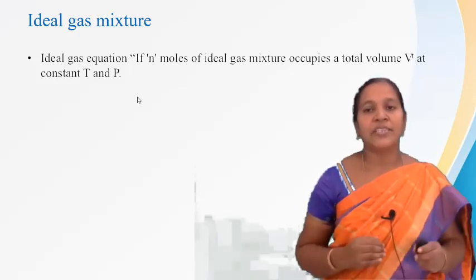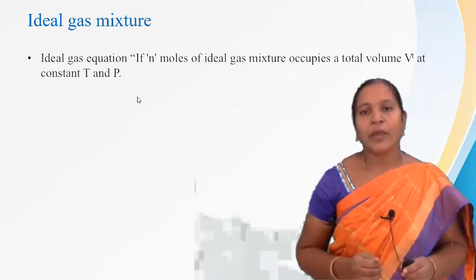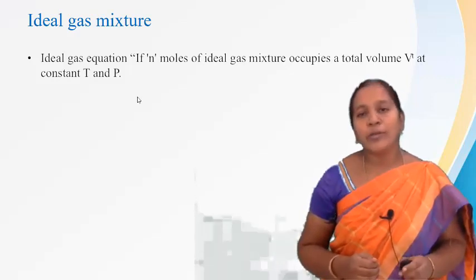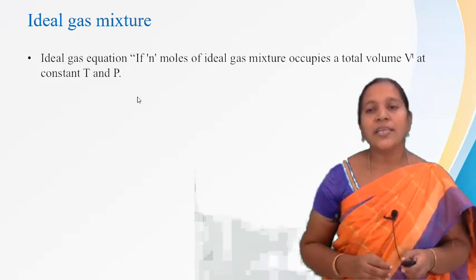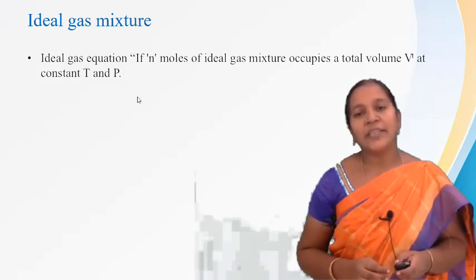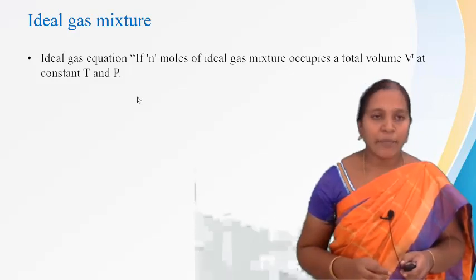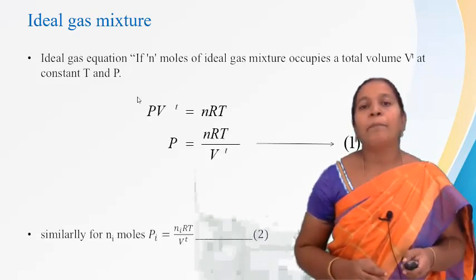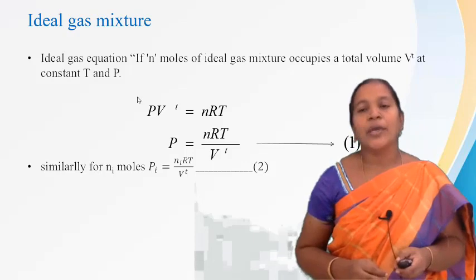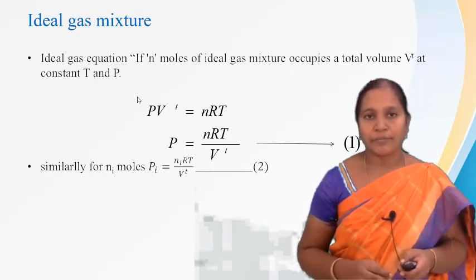Denote with equation 1. If Ni moles of species i in this mixer occupy the same total volume alone at the same temperature and pressure, Pi is equals to NiRT by Vt.